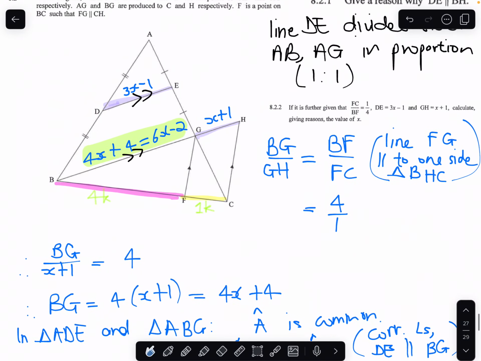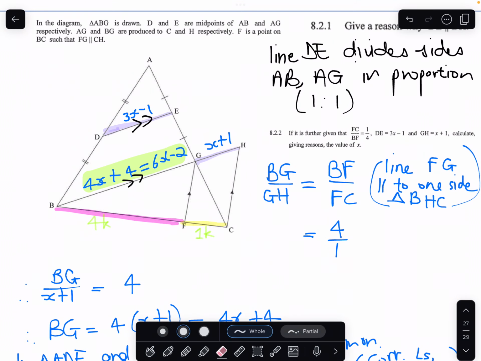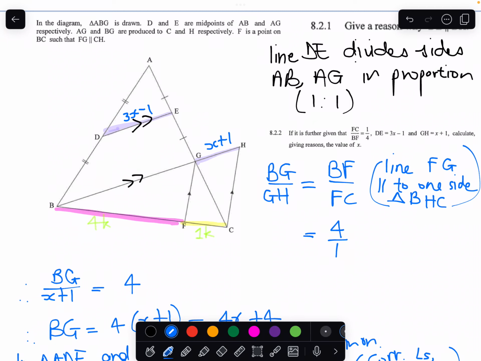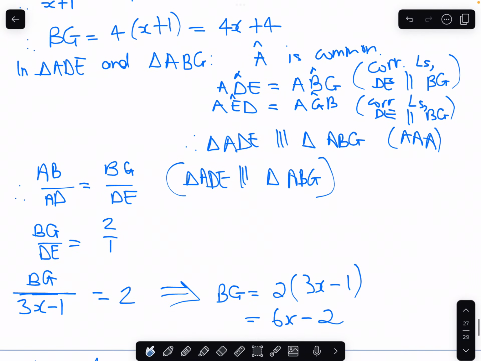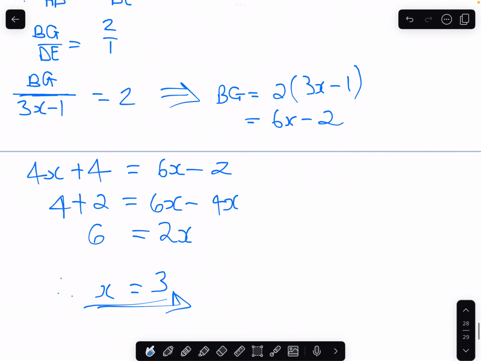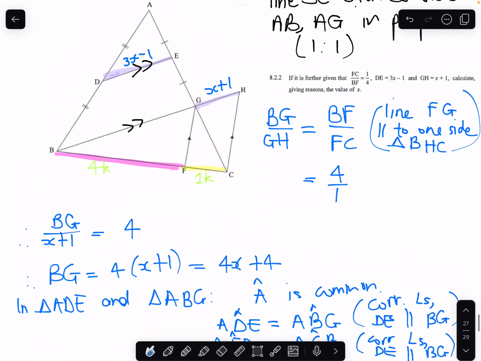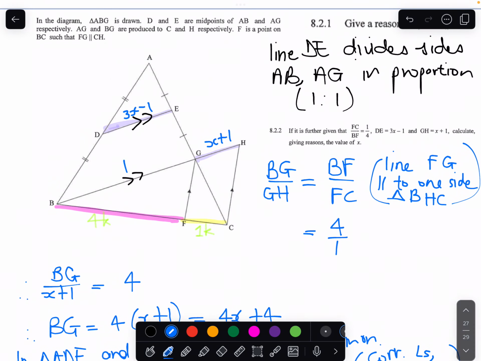And if we just quickly sanity check up in here, 6 times 3 minus 2 is 16, and 3 times 3 minus 1 is 8, so that's already looking good. 8 to 16, 1 to 2, that's the ratio we're expecting.